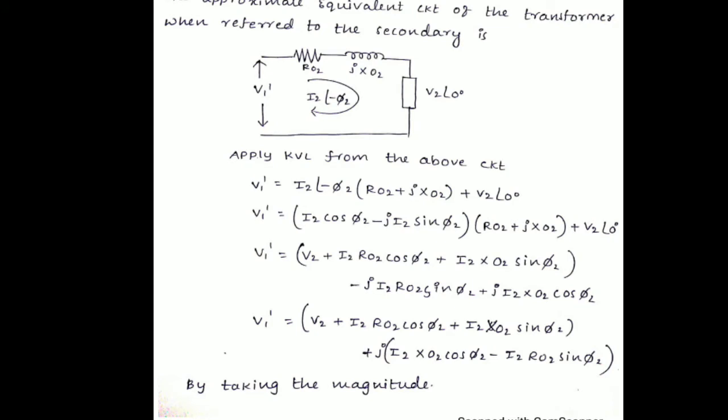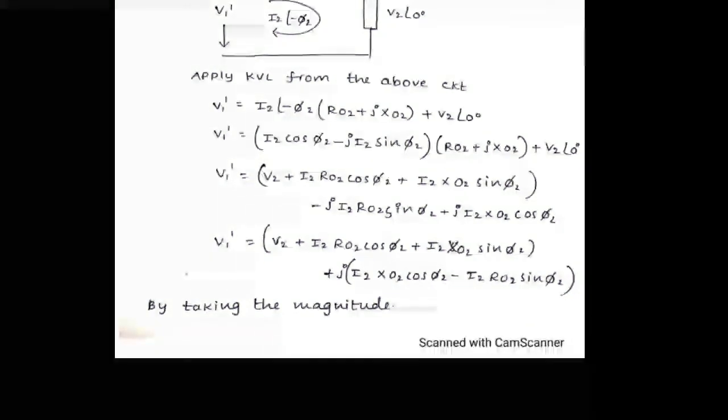By applying KVL, like the previous analysis, V1 dash is equal to I2 at an angle minus phi 2 multiplied with Z02, plus V2 at an angle 0. We know that Z02 is nothing but R02 plus jX02, and we already wrote that I2 at an angle minus phi 2 can be written as I2 cos phi 2 minus j I2 sin phi 2, into R02 plus jX02, plus V2.